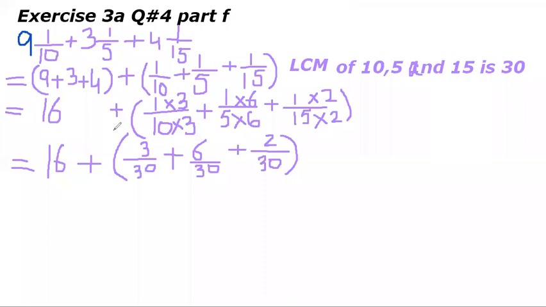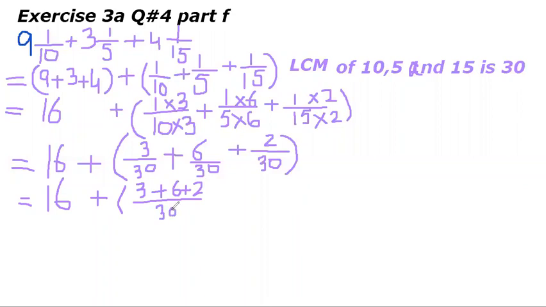Next step is 16 whole number plus, the denominators are same. Now we can add the numerators because the denominators are same. They are now like fractions. We can add the numerators: 3 plus 6 plus 2, and in the denominator we write 30.